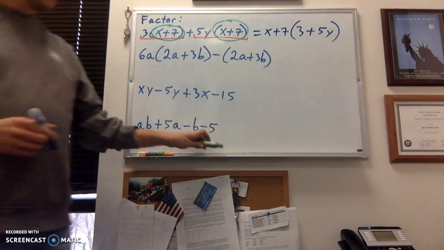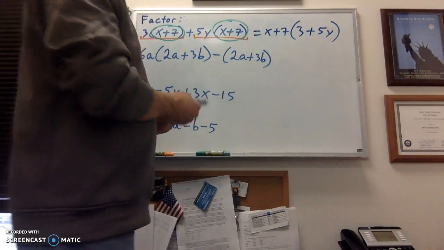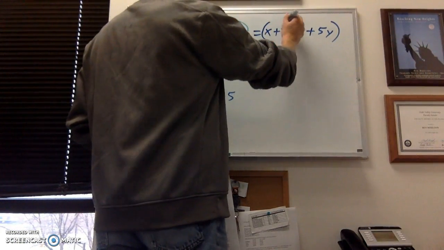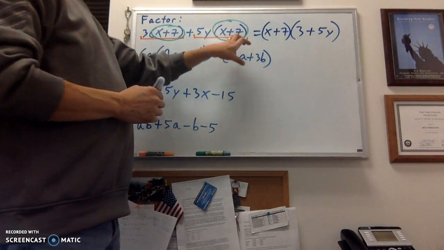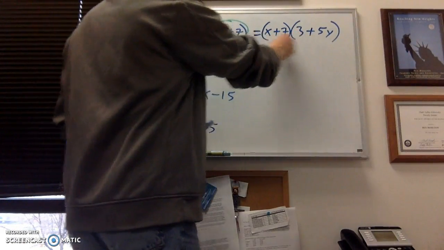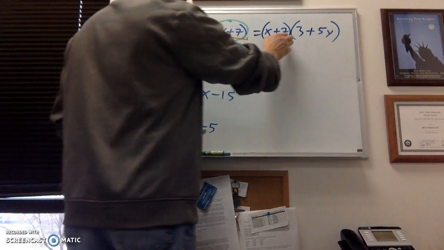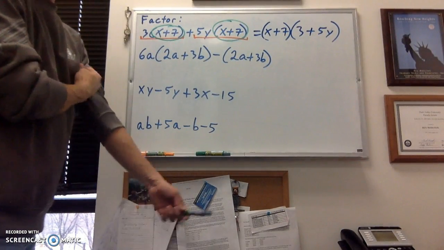The way it's written, it looks like just a 7 is going to distribute, right? So I need parentheses around this x plus 7 to show that it was the x plus 7 that factored out. I can multiply it back through, the x plus 7 times the 3, right there, and the x plus 7 times the 5y, right there, and I would have gotten the right answer, okay?